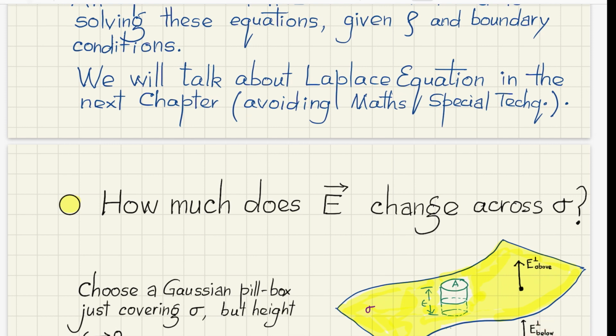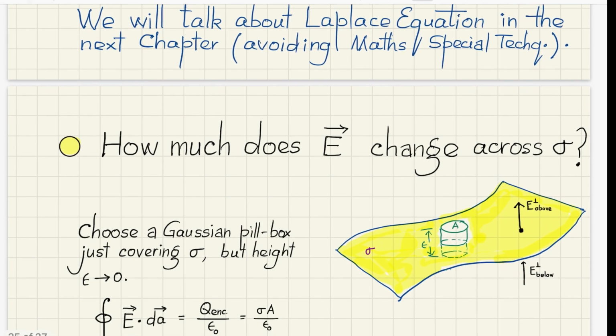All right. So now we can use Gauss's law for this pillbox. The side ones will not contribute anything, but there is some charge here. So the integral of E dot dA is Q enclosed. Q enclosed is nothing but, if the area is A, sigma A by epsilon naught.